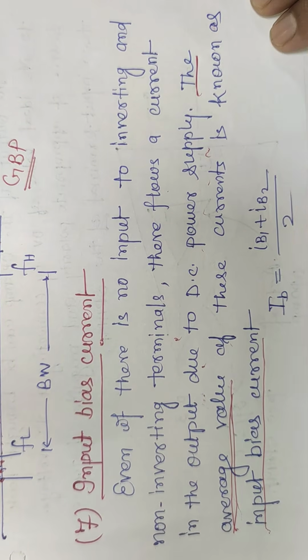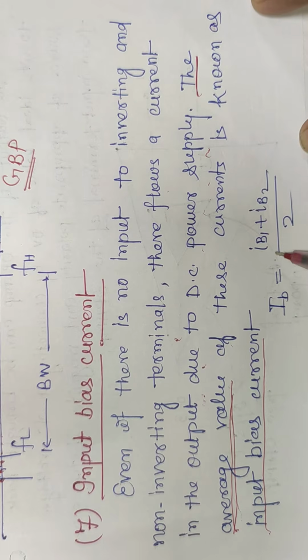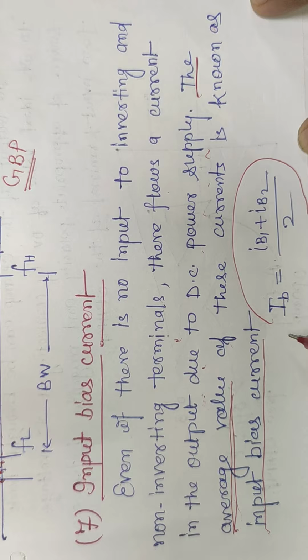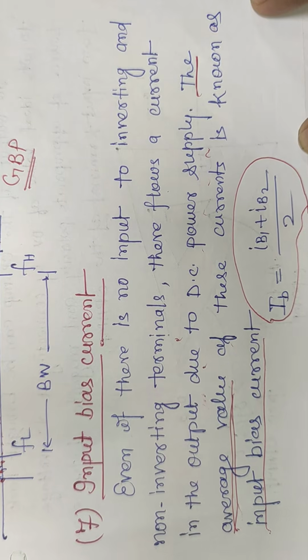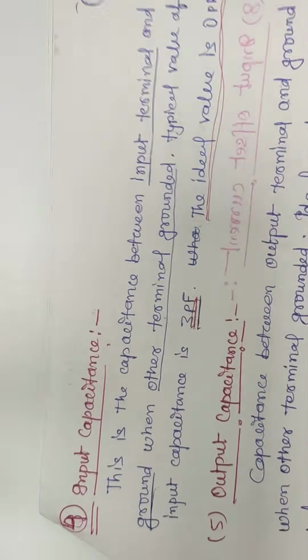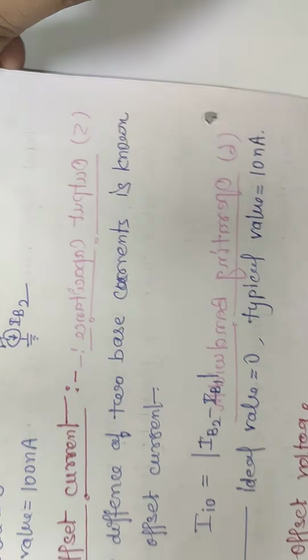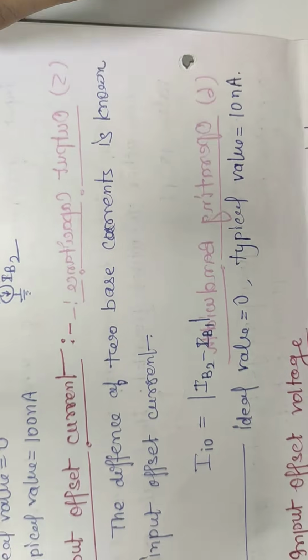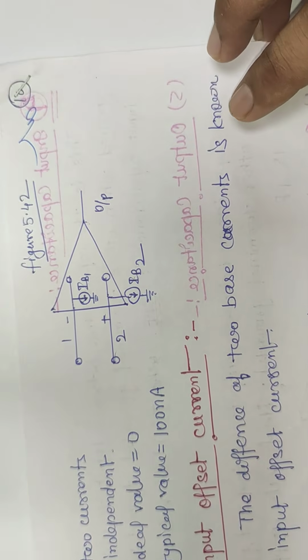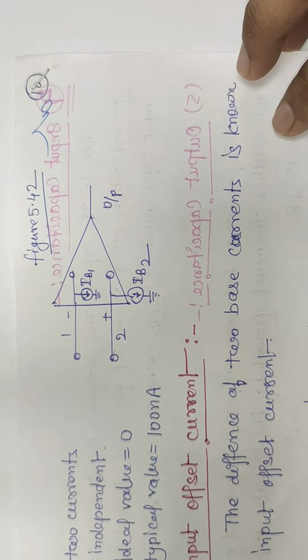You have to take the average value. The average value of these bias currents, IB1 and IB2 by 2, because these are two bias currents, so the average will be IB1 plus IB2 divided by 2. How do these currents flow, where do these currents flow? In this diagram you can see there are two currents.